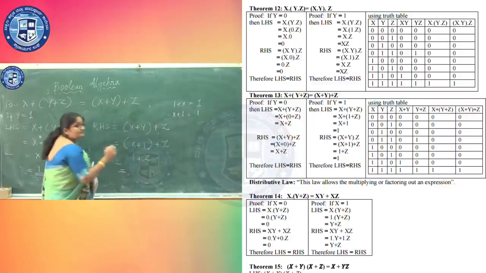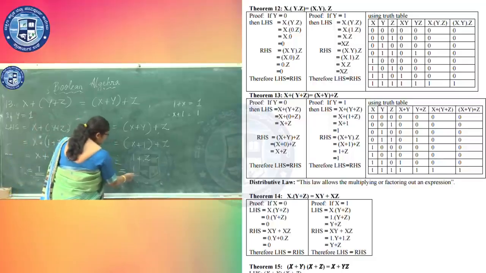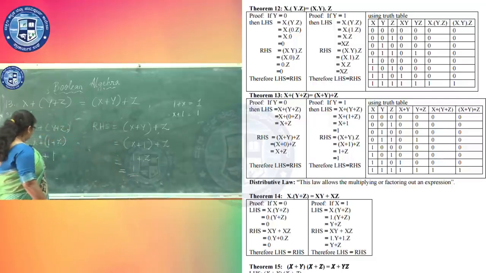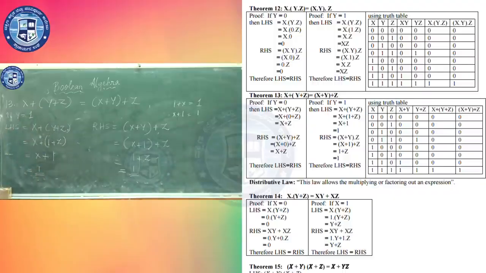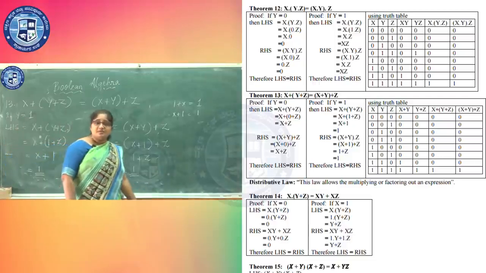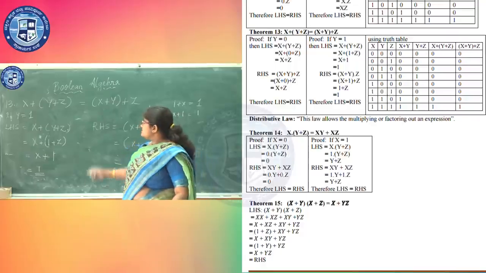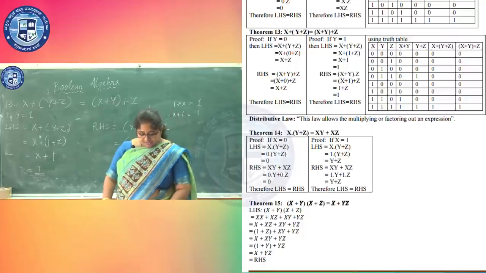So again 1 plus z is nothing but 1. So our RHS is equal to our LHS. Therefore, whether we take the value of y to be 0 or we take the value of y to be 1, we will be getting the value of LHS and the RHS to be equal. So this was up to our commutative law.